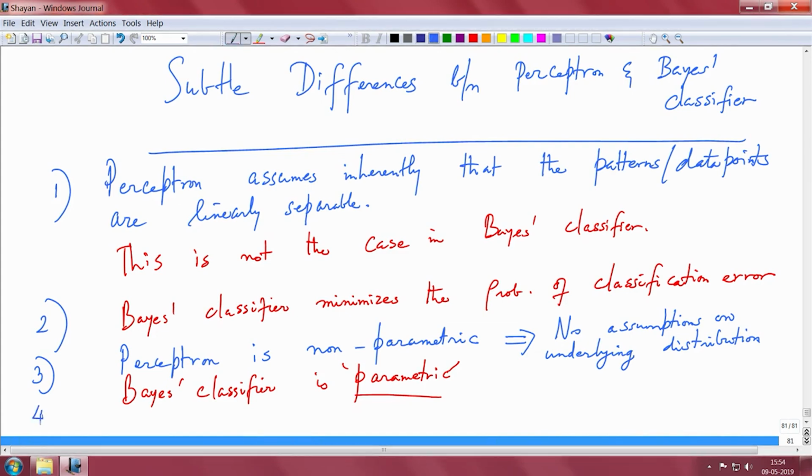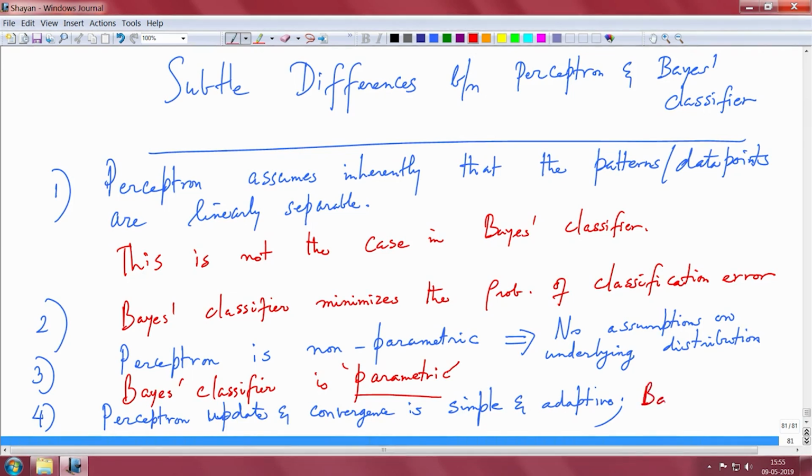And last, the perceptron update and convergence is simple and adaptive, whereas Bayes is not.